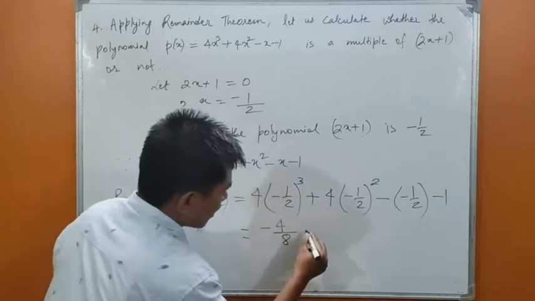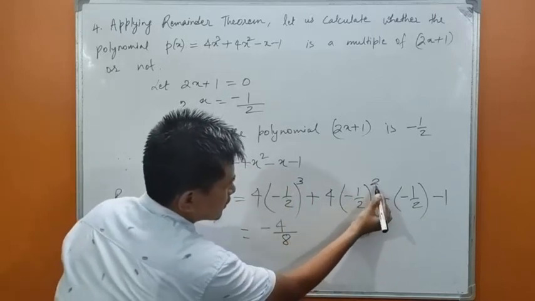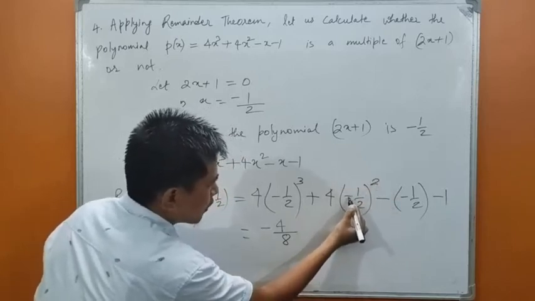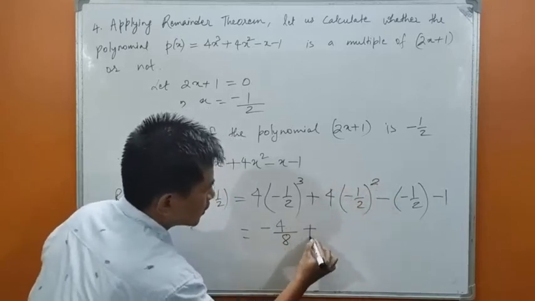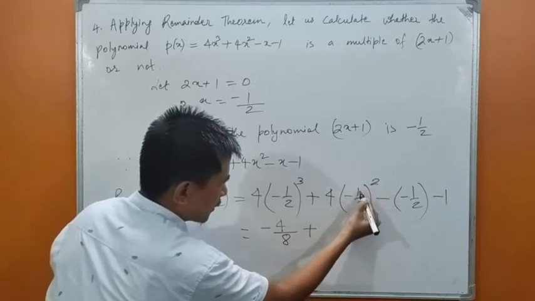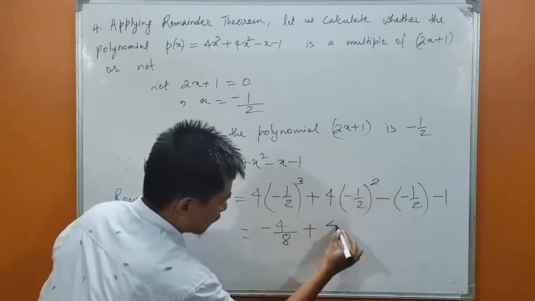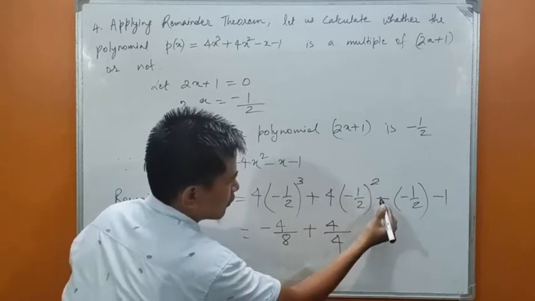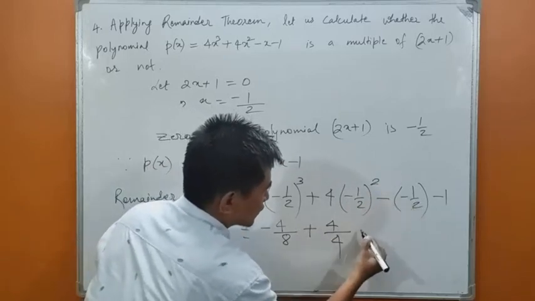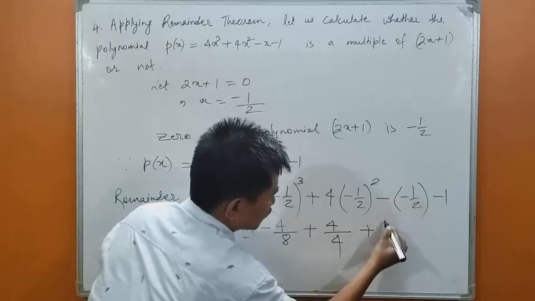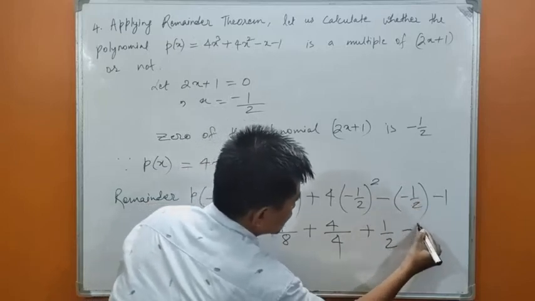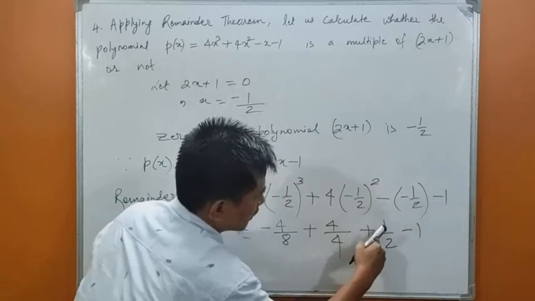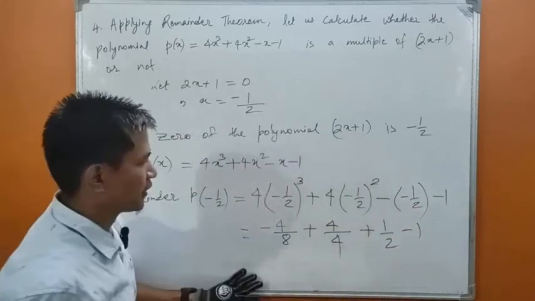Now this power is even, 2 is an even number, so this sign changes to plus. Plus into plus becomes plus. 1 squared is 1, 1 into 4 is 4, divided by 2 squared is 4. Minus into minus is plus 1 by 2, and this minus 1 comes here.